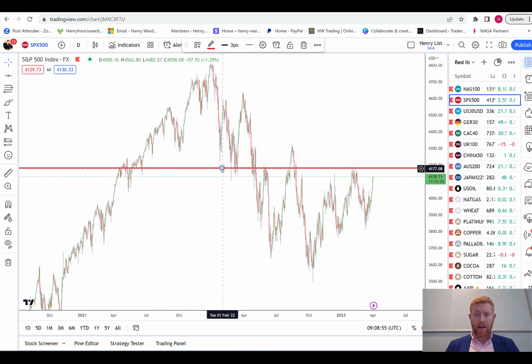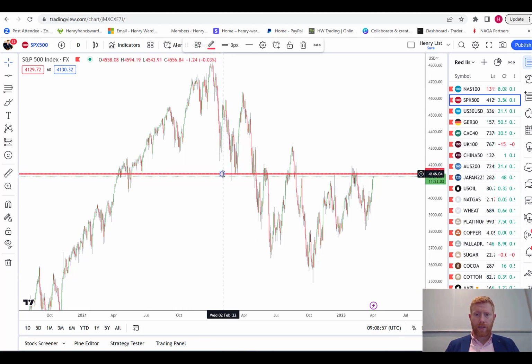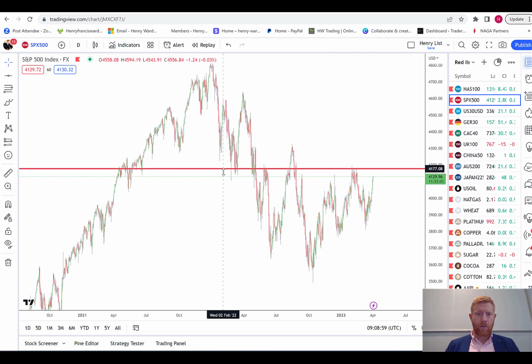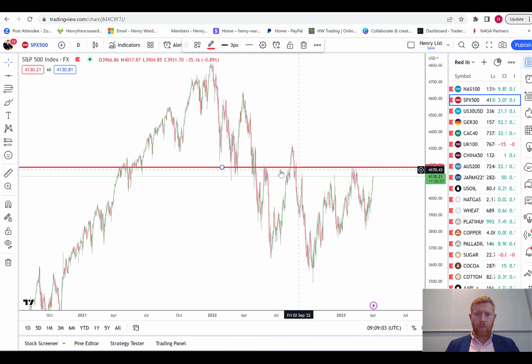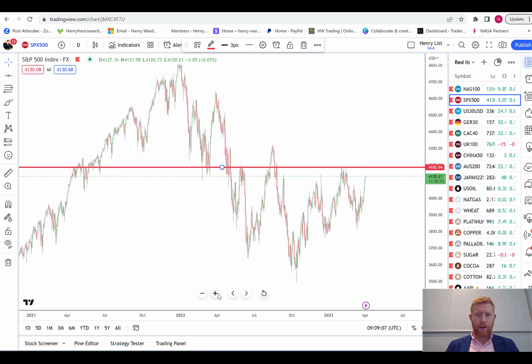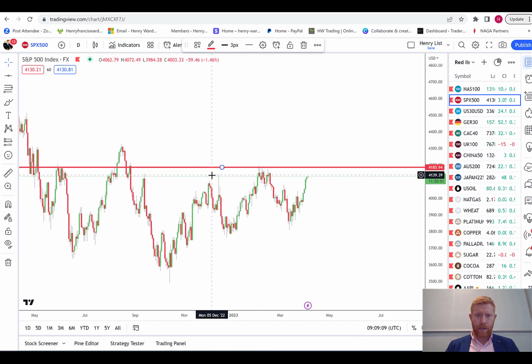That area could be there, or it could be slightly lower, it could be there. So we have a little zone, but I'll put it there because it's the most recent high. We have a little bit of a zone between the 4139 and the 4185, so we have 40 bucks there of a zone.